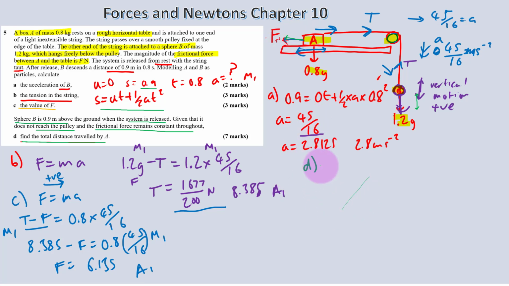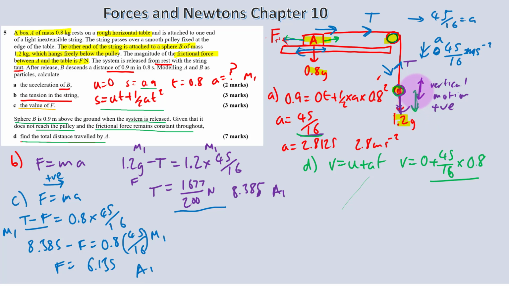So for part D, we have to use v equals u plus at, so that we know what speed A is travelling at once this hits the floor. So we know u is 0, so we're going to get v equals 0 plus the acceleration at the start here, 45 over 16 times 0.8 seconds, because that's the time we know, 0.8.